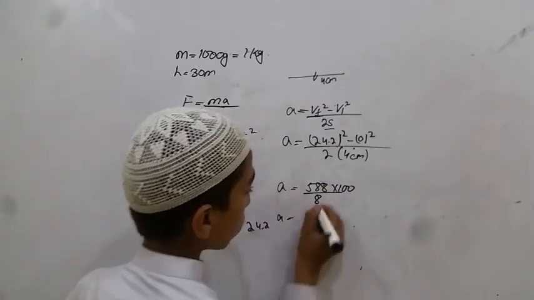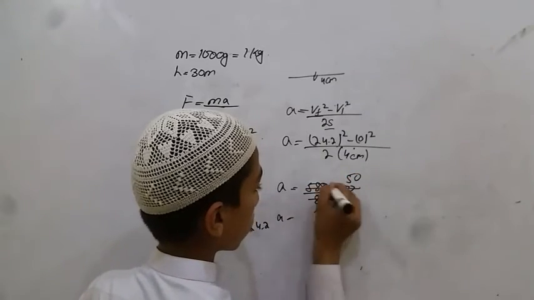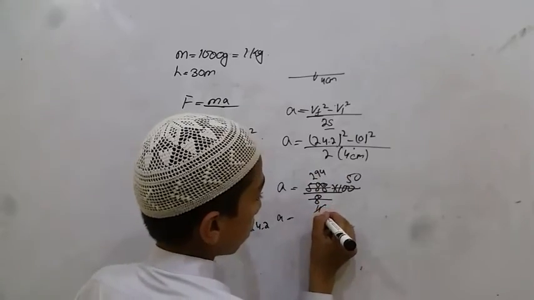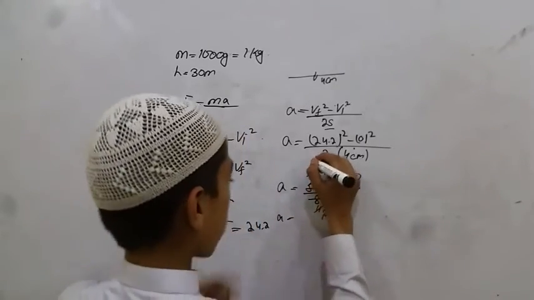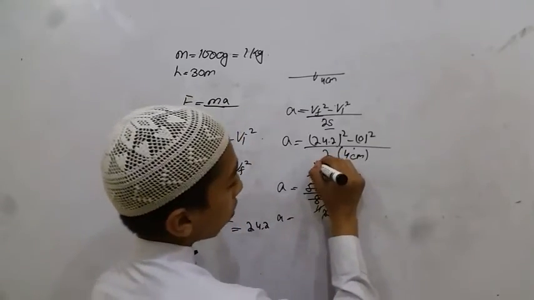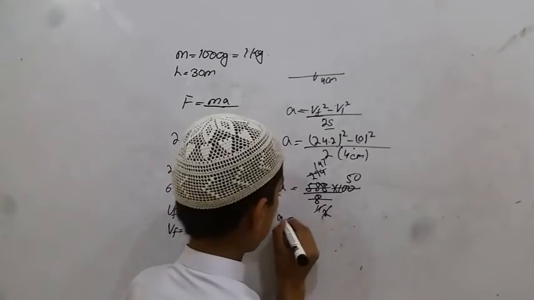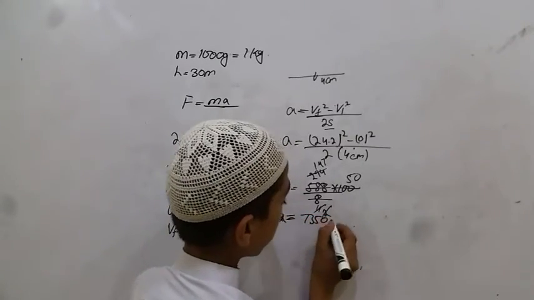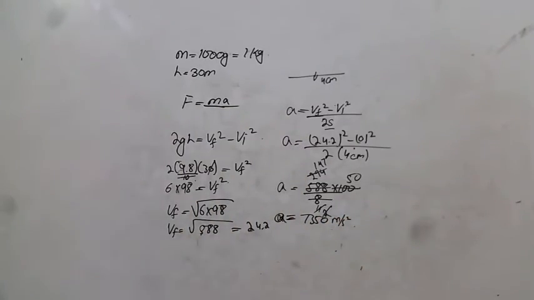So a is equal to 294 to 147, and a is equal to 7350 meter per second square, and mass is 1 kg.